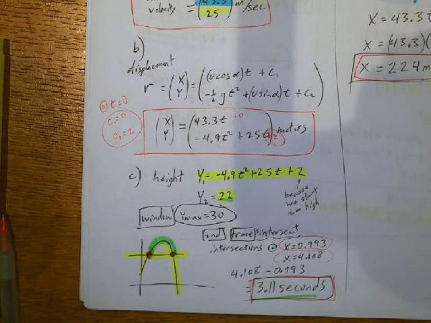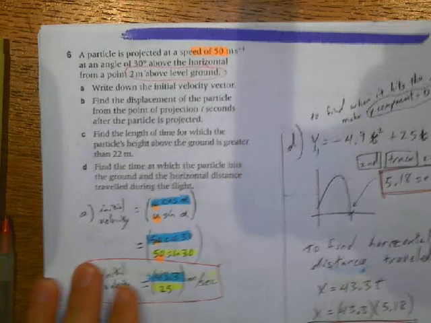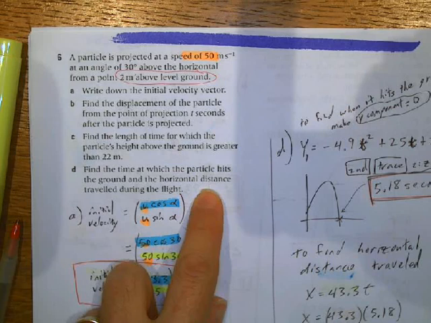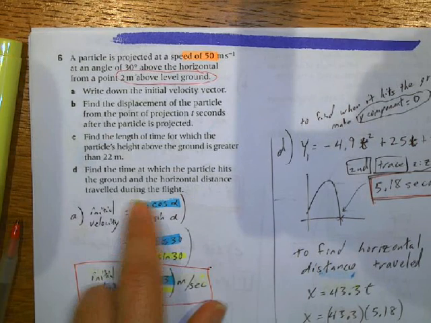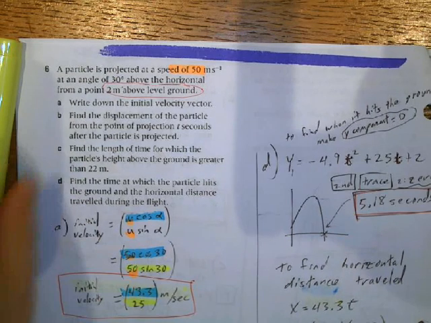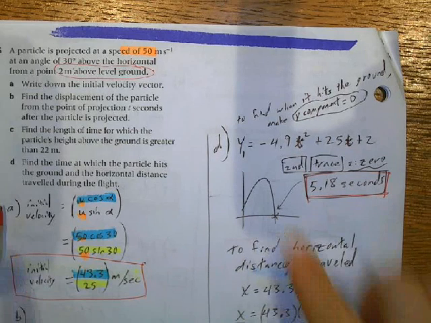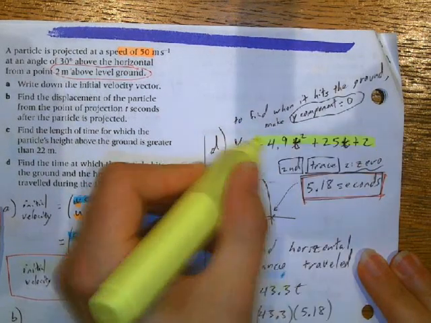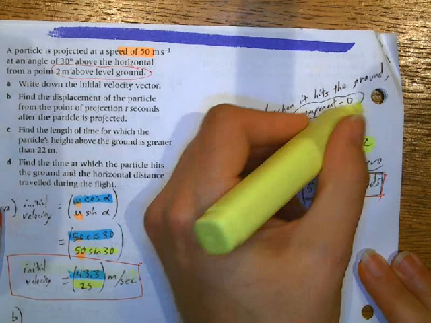Okay. Question D. Find the time at which the particle hits the ground and the horizontal distance traveled during that flight. To figure out when it hits the ground, I'm going to make the y component of my vector equal to 0.